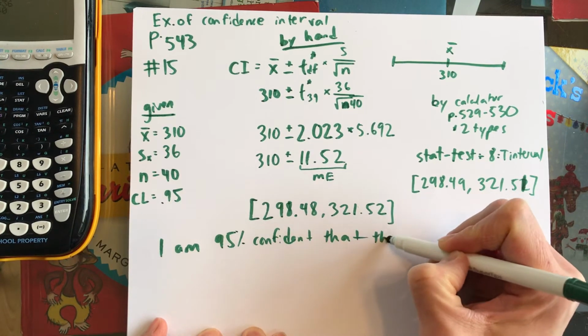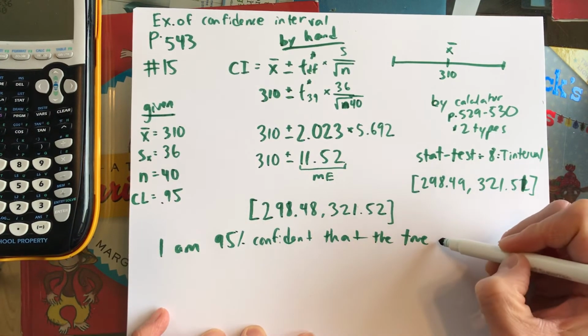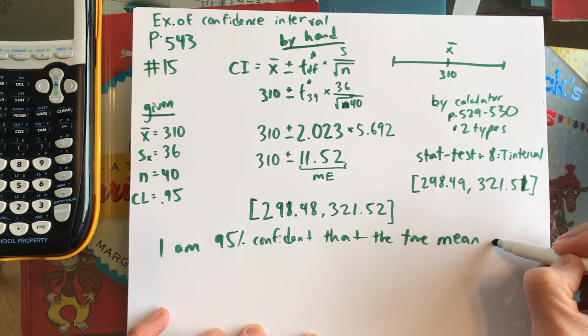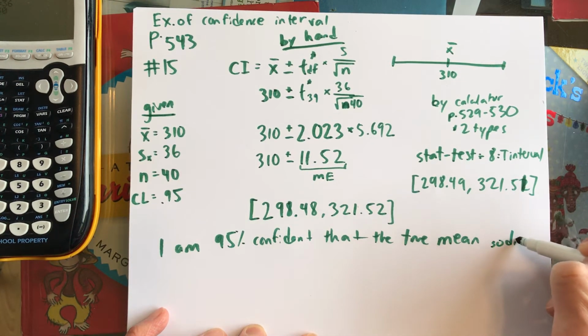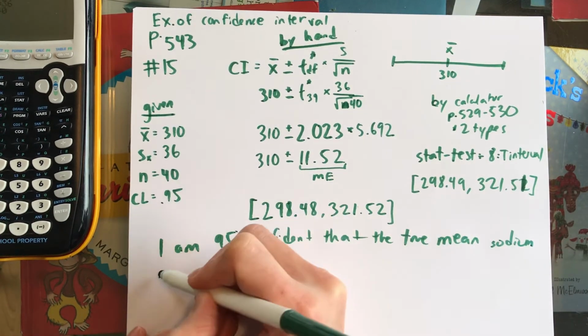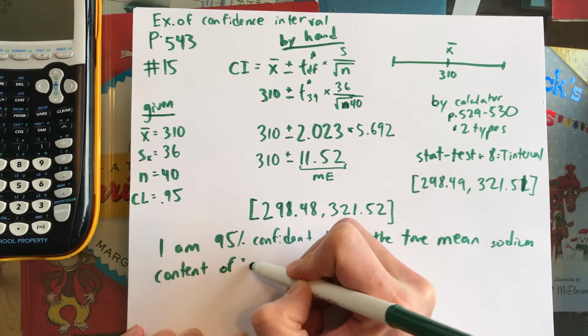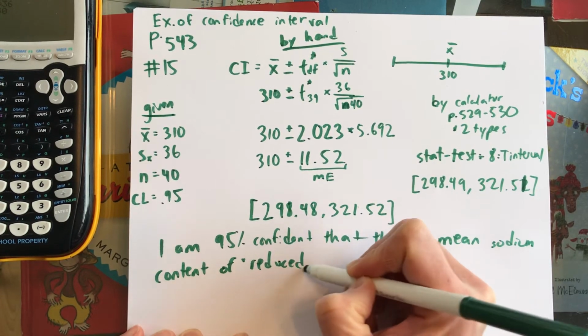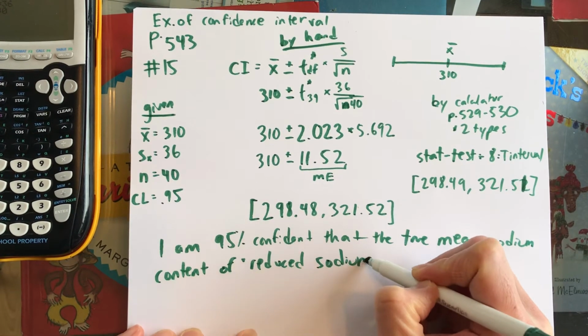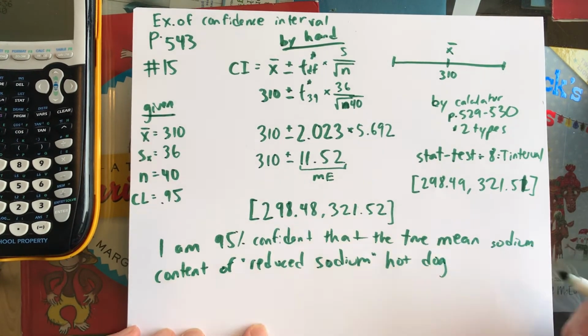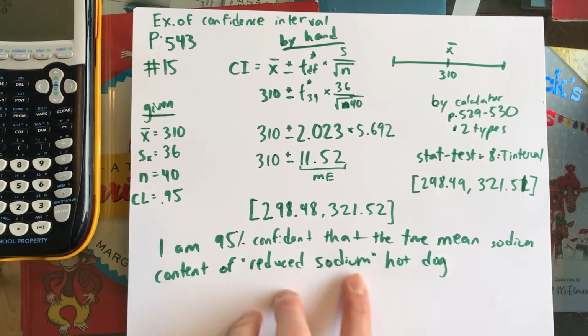that the true mean, not true proportion, true mean sodium content of reduced sodium hot dogs. Man, if this is reduced sodium, I wonder how much sodium is in a regular hot dog.